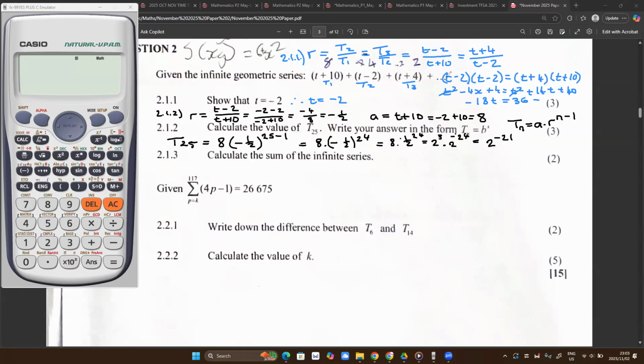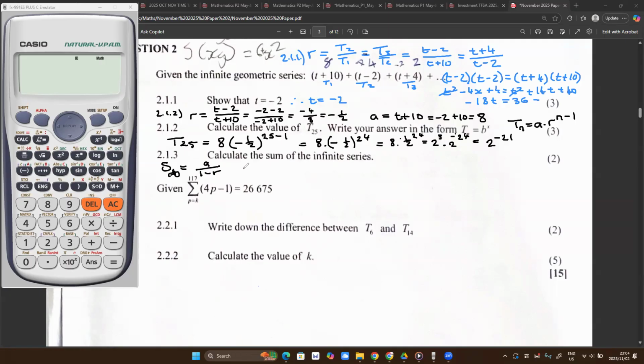Now they want the sum of the infinite series. So we know that the sum to infinity is equal to a over 1 minus r.